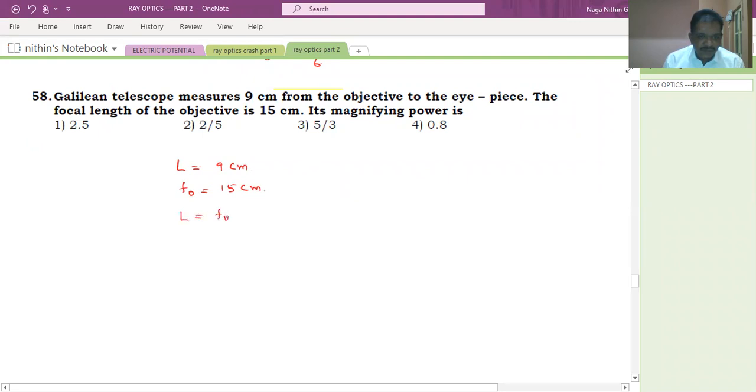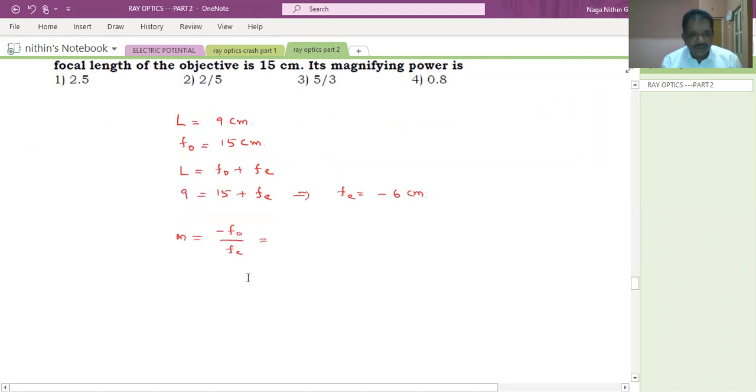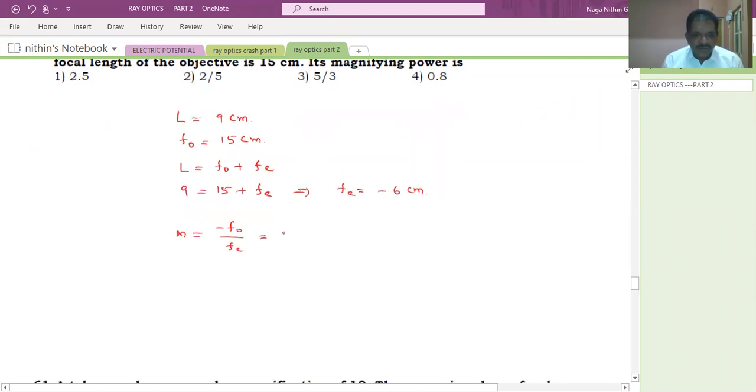L is equal to FO plus FE. This is 9, this is 15, this is FE. Then FE is equal to minus 6 centimeter. M is equal to minus FO by FE. If you are writing strictly, minus also we have to consider.